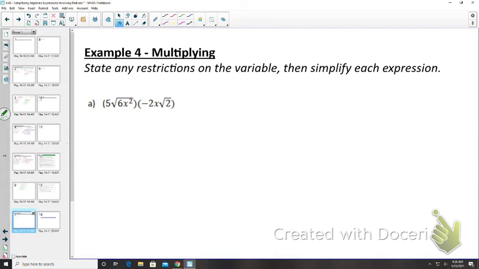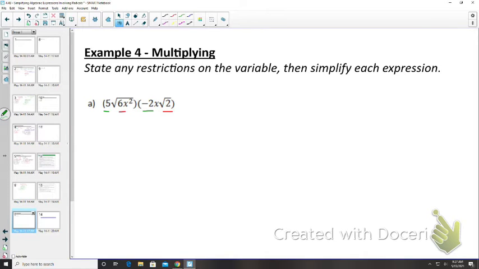All right, so now we'll get into some multiplying here. With these brackets, we just need to multiply them, like you guys have seen before. Remember, when we are multiplying radicals, we need to multiply the numbers in front of the radicals, and we also need to multiply our radicands together.